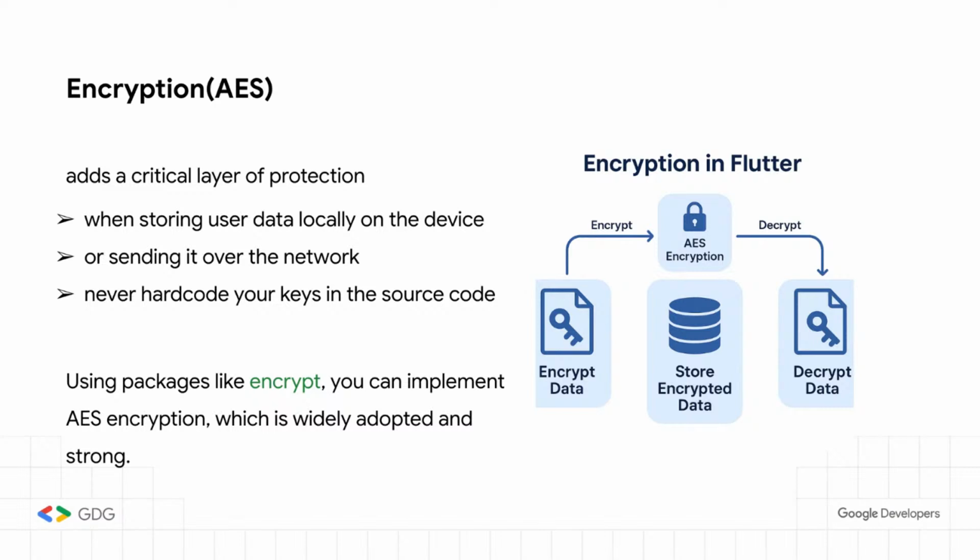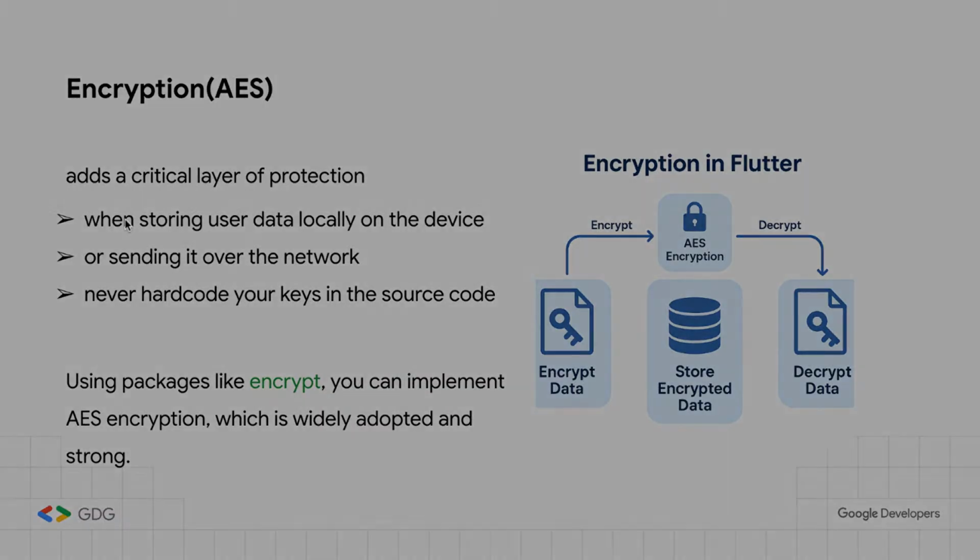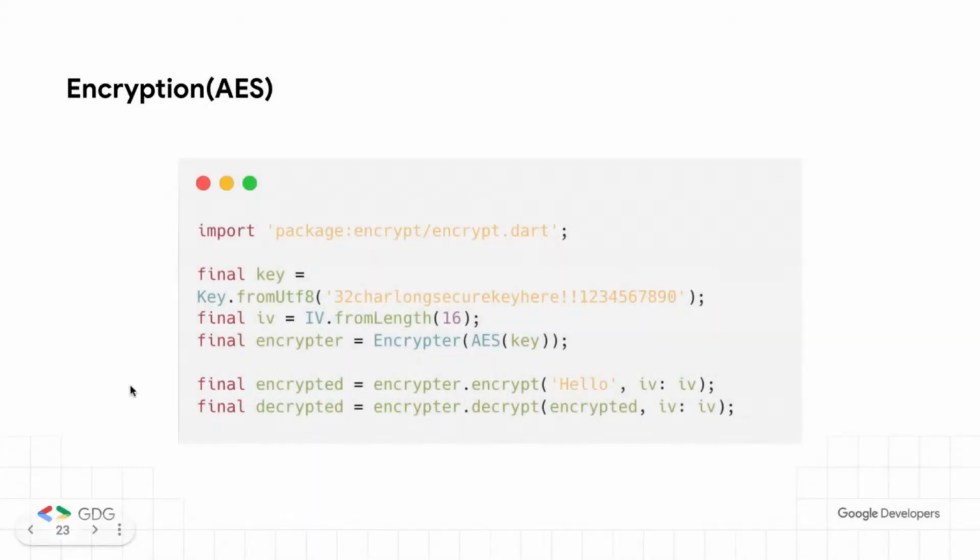Let's say, for example, my PIN is 0000, and before it goes into the secure storage, it will be encrypted using different algorithms. Here we'll be discussing the AES algorithm. The AES algorithm will be applied to convert this PIN into an encrypted object. So it looks something like this.